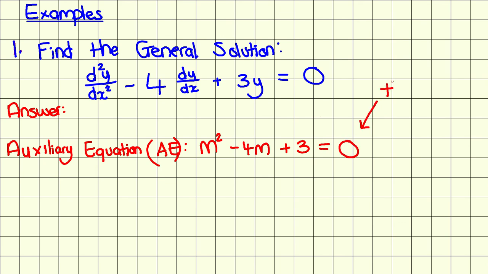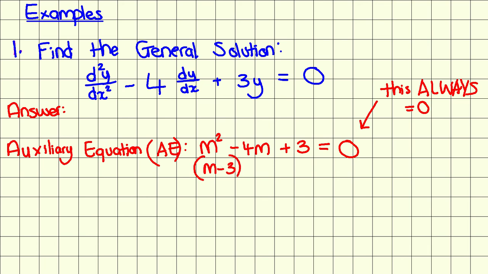I'm just writing here, this always equals 0. Even if you've got a number or a sin x on this side, this always equals 0. Then what we're going to do is factorise. So does this factorise nicely? That's your next question. What times what gives you 3? It's just 3 and 1. Can you make minus 4 from that? Yes, you can.